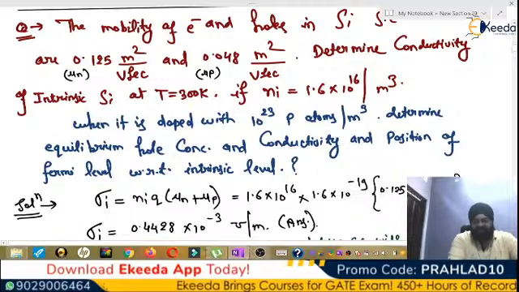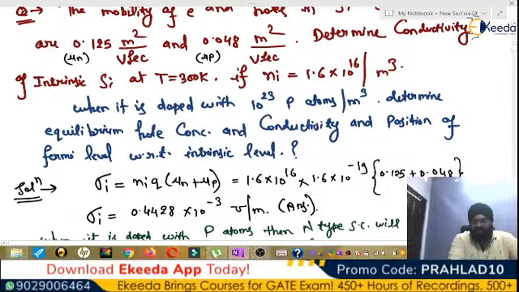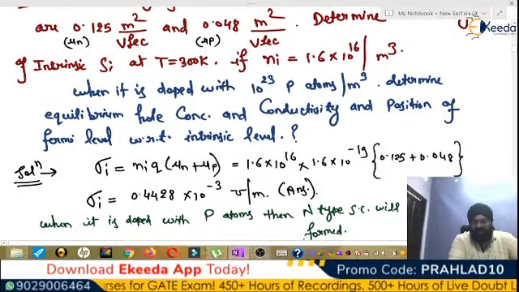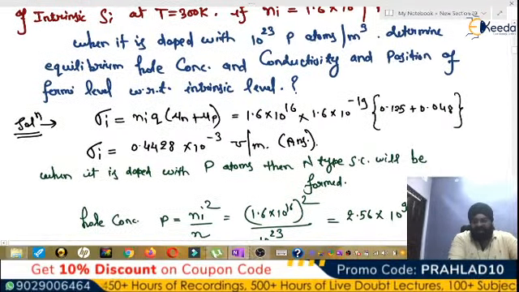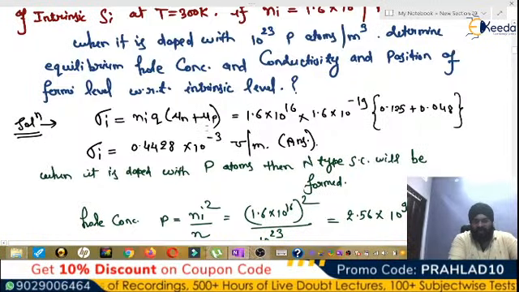Okay. So the first thing it is asking is the intrinsic conductivity, and the formula of intrinsic conductivity is Ni into q into mu n plus mu p.